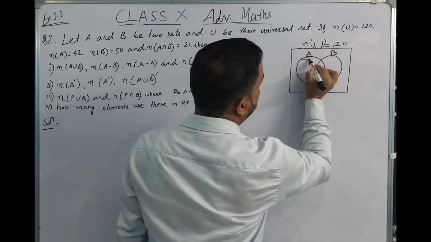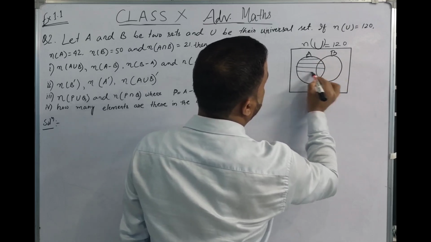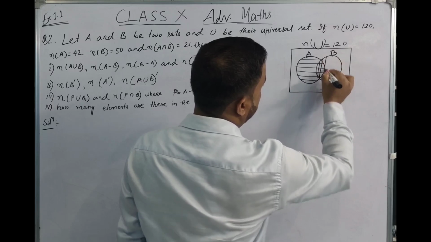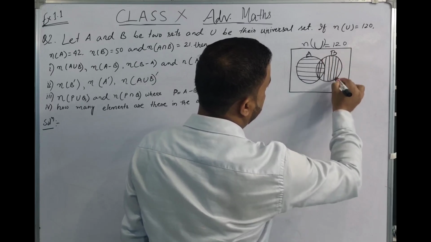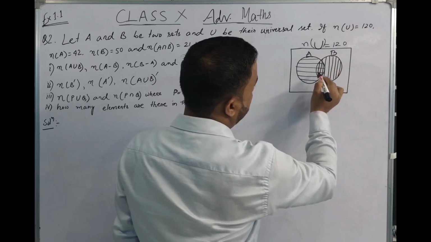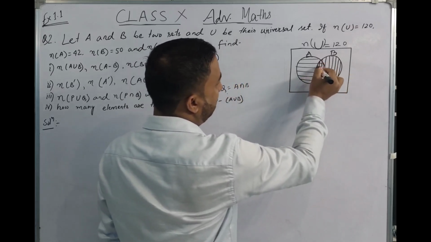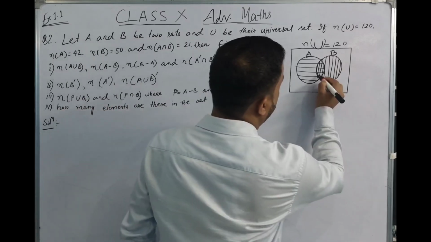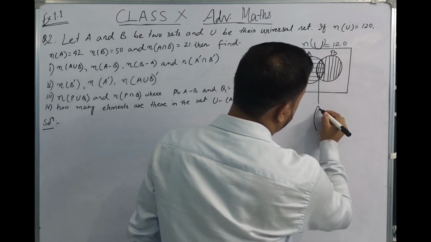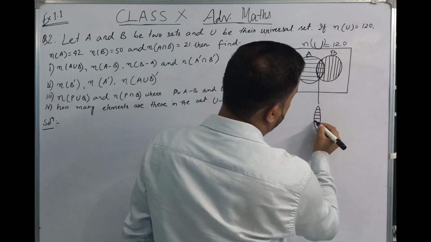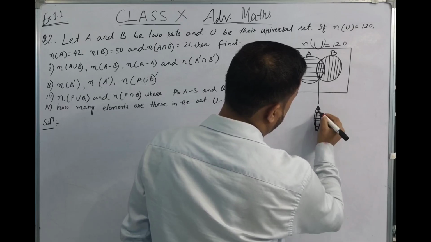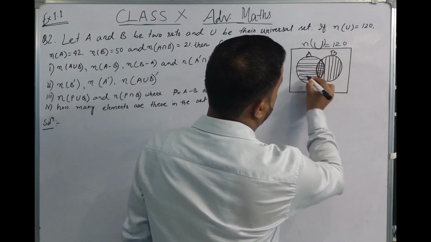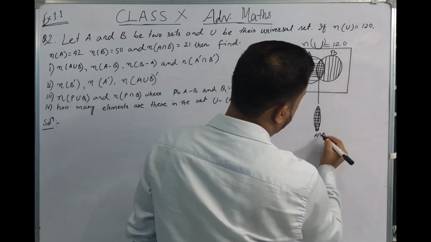Number of A means these are the elements of set A. This is the set A, and this is the set B. If we notice here, this part is the common part, which is A intersection B. Here we have crossed grids. This is A intersection B.